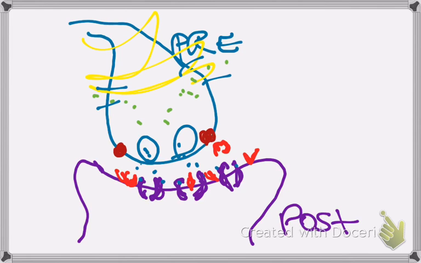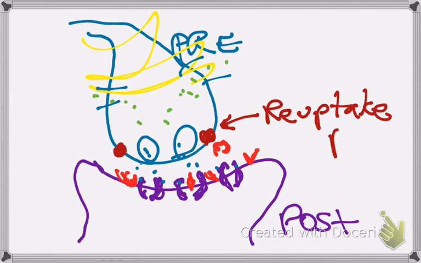In the presynaptic membrane, I'm going to have reuptake pumps. These are active transporters. They're going to take the neurotransmitter back into the cell that secreted it, repackage it into new synaptic vesicles, and recycle it again.